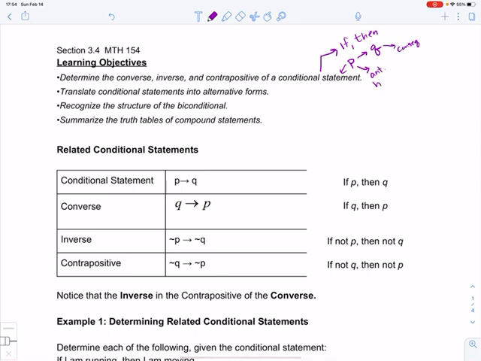We've also called the P the hypothesis and Q the conclusion. In this video, I will be calling it the antecedent for P and the consequent for Q, because it'll be a little bit easier to follow.